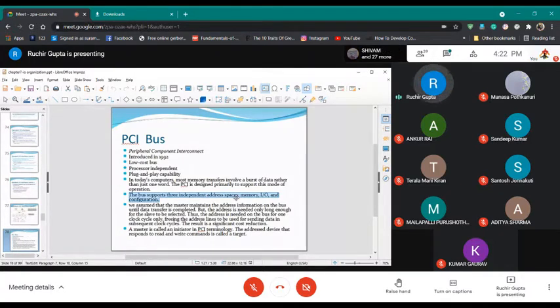So generally, when a PCI bus is there, there is always a separate I/O space. It's the designer's choice whether they want to use memory mapped I/O or I/O mapped I/O. And while connected to the PCI bus, the devices are like they are directly connected to the bus. So that's why we call it an expansion bus.